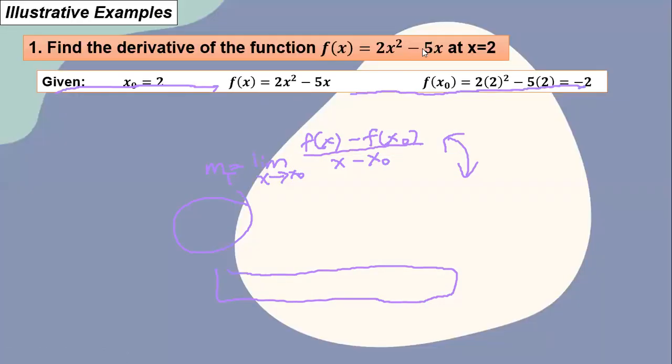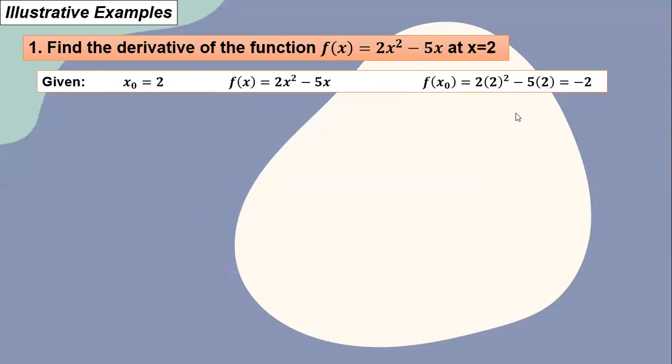All right, so we will now have some examples. So example number 1, find the derivative of the function f of x at x is equal to 2. So as simple as yung kanina, parang naghahanap lang tayo ng slope ng tangent line. So for our given, mas mabuti na isulat yung given para hindi nalilito.